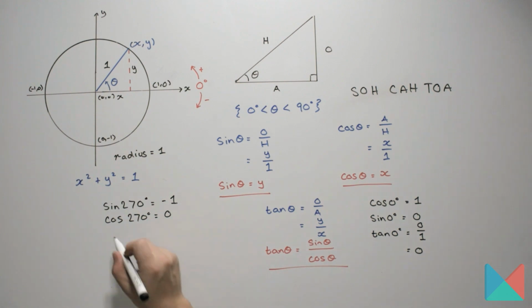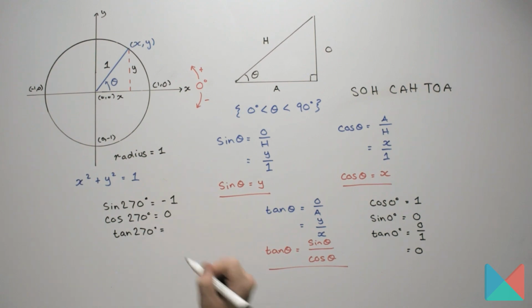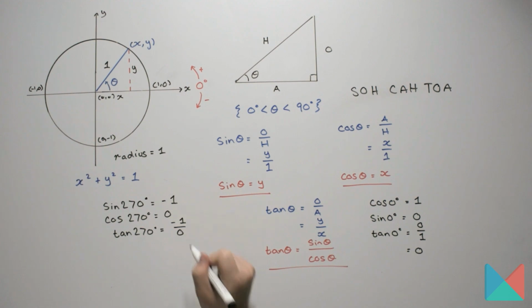And finally, what is tan of 270 degrees? Well, tan is equal to sine divided by cosine. So our sine is -1 divided by cosine, which is 0. And you can probably see here that we're dividing by 0, which in maths, hopefully you've learnt by now, is not possible.